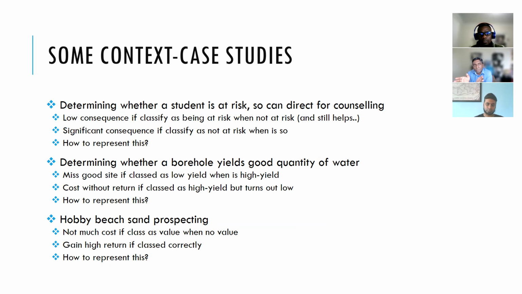So let's say we were senior executives at an education institution, and we want to counsel the right students. Now, if we get it wrong and we classify the students incorrectly, let's say we predict the student is going to fail when they were going to pass, right? Then we are doing extra counseling of a student who was going to pass anyway, because we thought that student was going to fail. In a way, that doesn't matter so much.